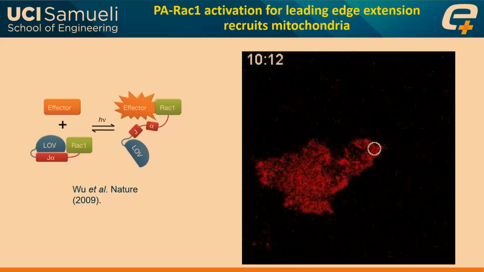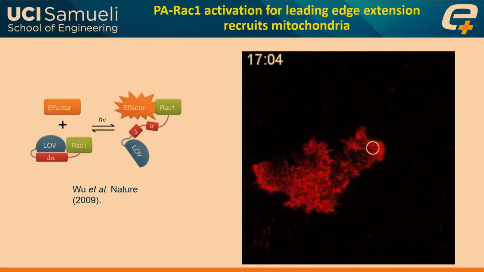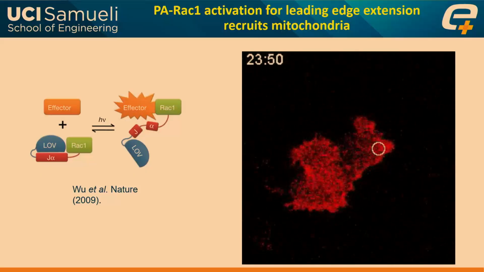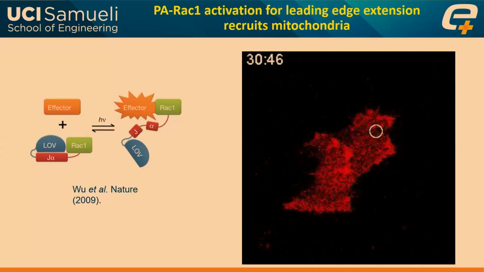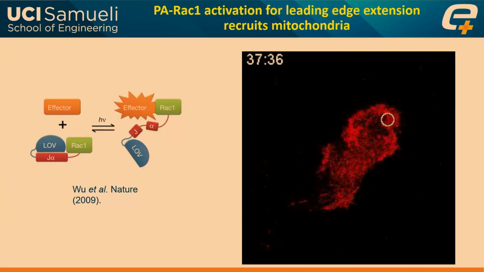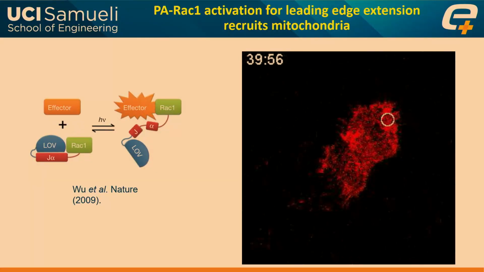So I wanted my student to follow these mitochondria, but the cells take a long time to move. So we said, okay, let's do something very quick to see if we can get the cell protrusion to be led. And one way to do that is to use photoactivatable proteins.